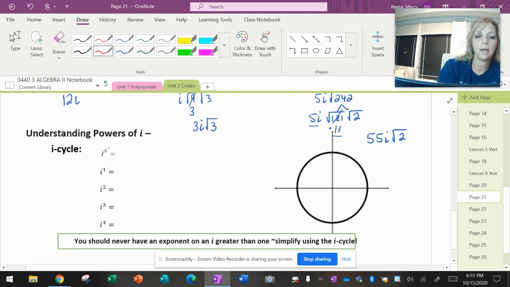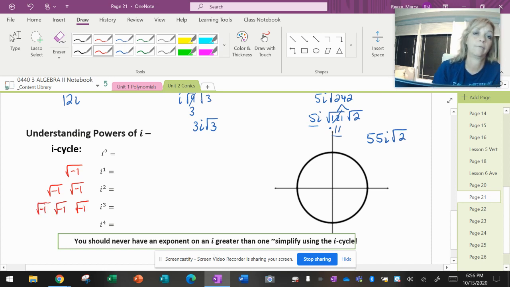So i to the first power means that I have one of those, okay? i to the second power means I really have two of those, right? See that? Square root of negative 1 and square root of negative 1. i to the third means I have literally 3 square root of negative 1s.